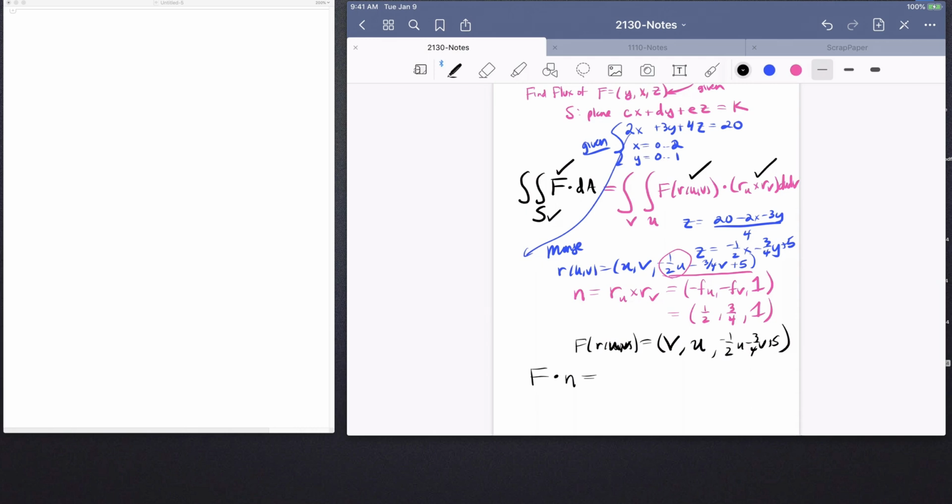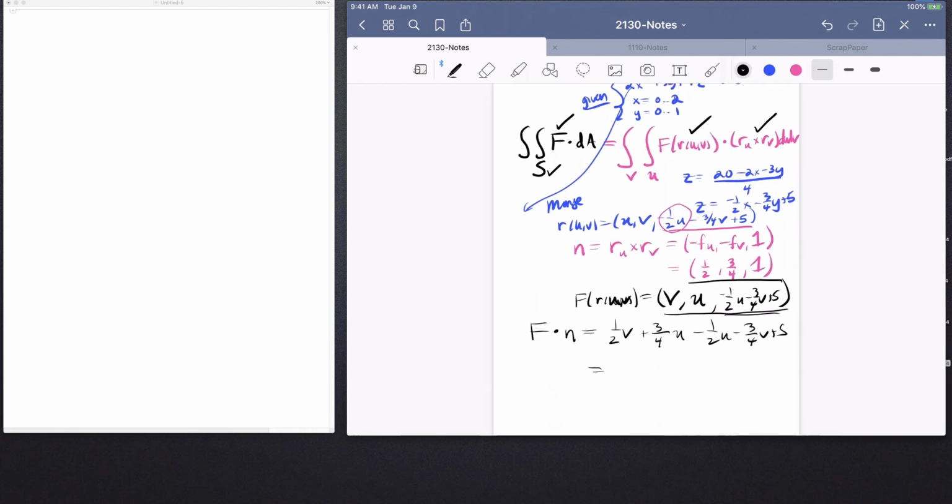There was our vector field v, u, and then I need to dot product it with this vector here. That would give me 1/2 of v plus 3/4 of u, and then 1 multiplied by this is minus 1/2 u minus 3/4 v plus 5.